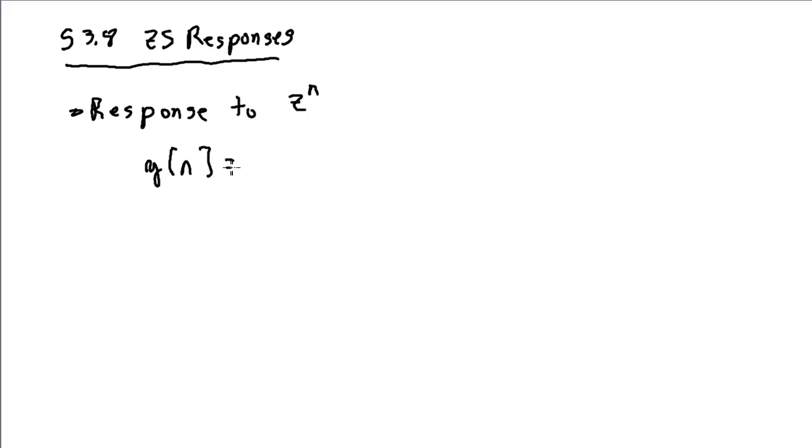So we can find the output to this particular input, as we can for any input, by convolving the input with our impulse response, explicitly writing out the convolution sum.